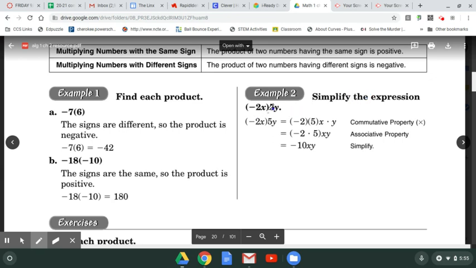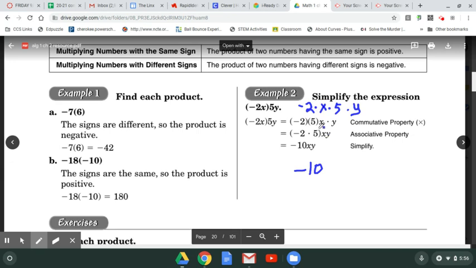Now on this one here, this is literally negative 2 times x times 5 times y. So we can multiply in any order. We multiply negative 2 times 5, and that's negative 10, because a positive times a negative is a negative.